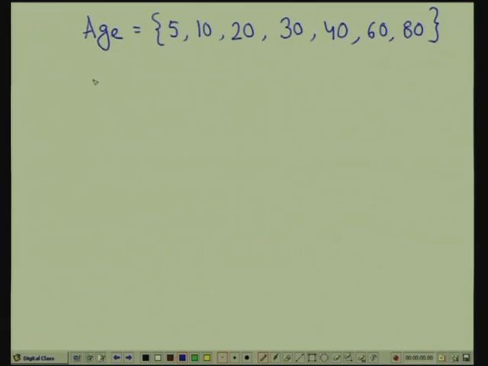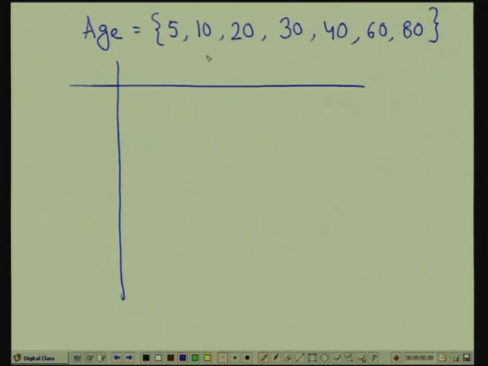Now, I can define a number of different fuzzy sets, also I can represent them in the form of a table. For example, I define one fuzzy set child, or young.